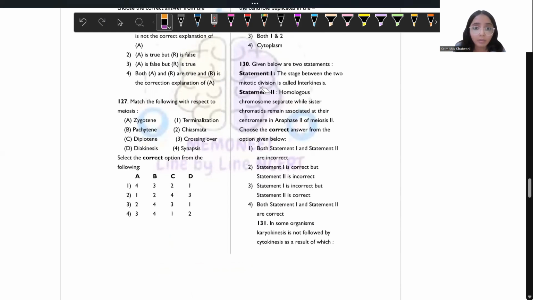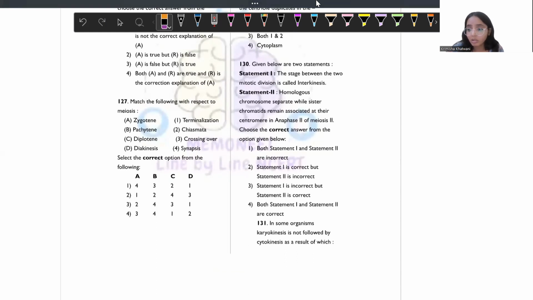Given below are two statements. It says the stage between two mitotic divisions is called interkinesis.